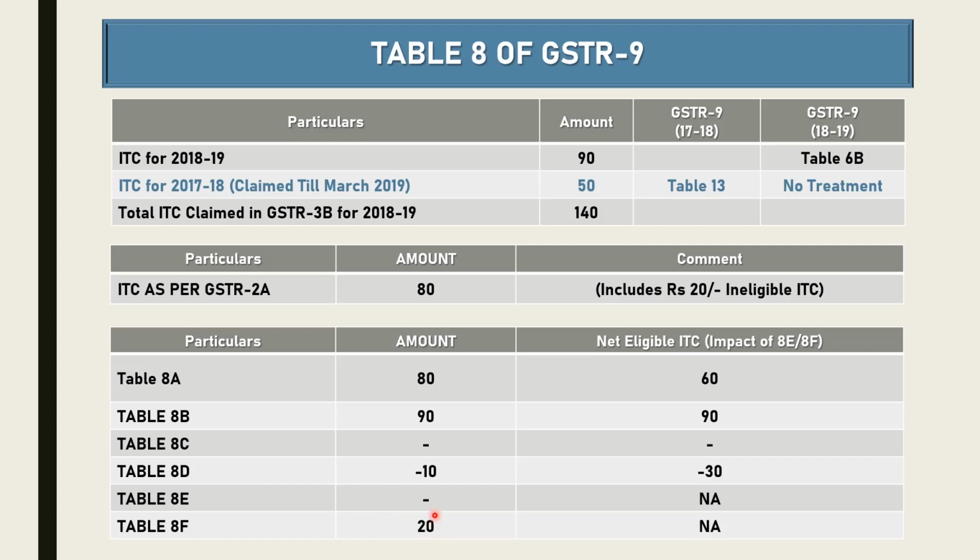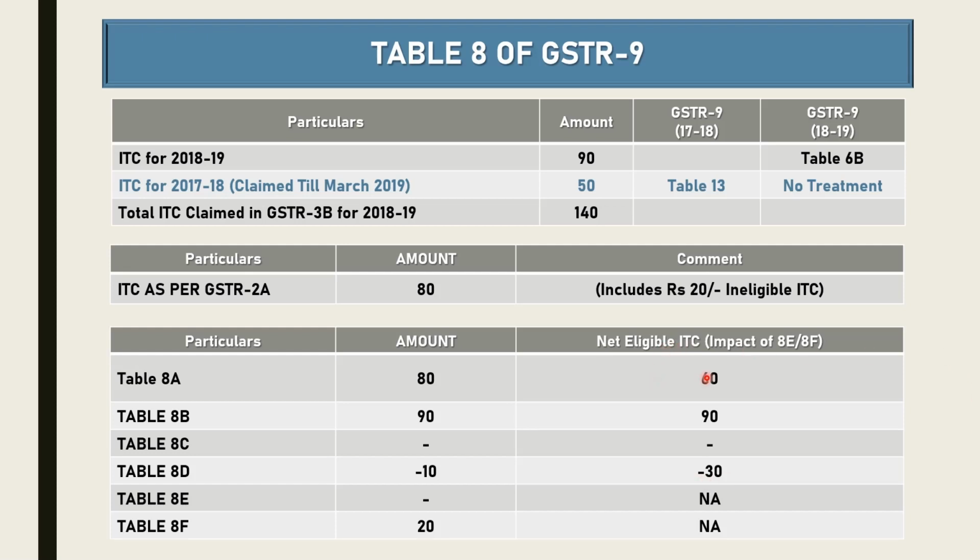Now, once I report this 20 rupees in table 8F, how would my officer see it? That out of this 80 rupees, 20 rupees are ineligible. Therefore, eligible ITC auto-populated in 2A is 60 rupees, and eligible ITC claimed in 3B for 1819 is 90 rupees. Therefore, there is an excess ITC claimed for eligible ITC in 3B vis-a-vis eligible ITC auto-populated in GSTR 2A.